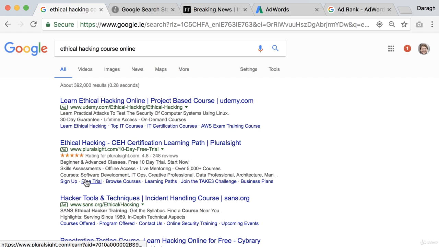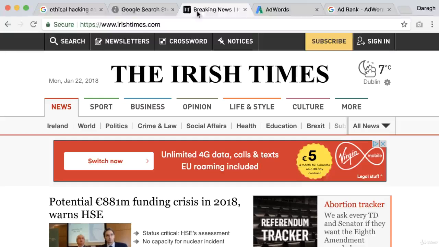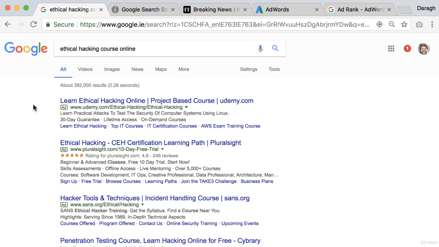Multiply that by 7 ad slots per search term, and you have a phenomenal business and really unlimited advertising space that you can sell to. That is just a lot more than a traditional newspaper, and that's really how Google became the biggest advertising company in the world. It's actually genius, and it's amazing to see how powerful that is.